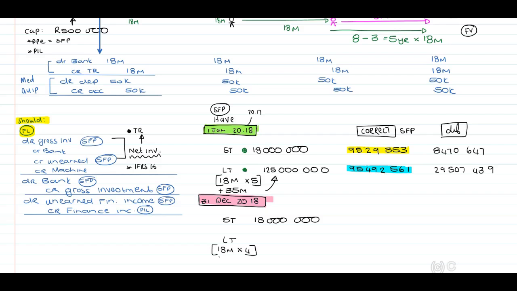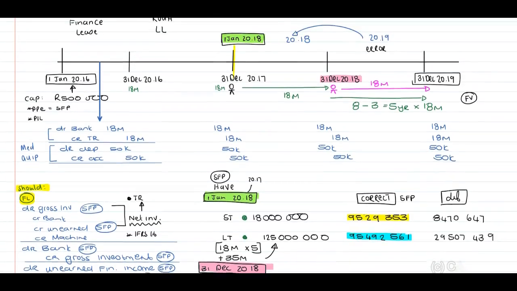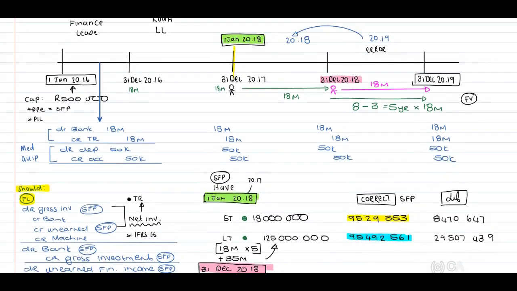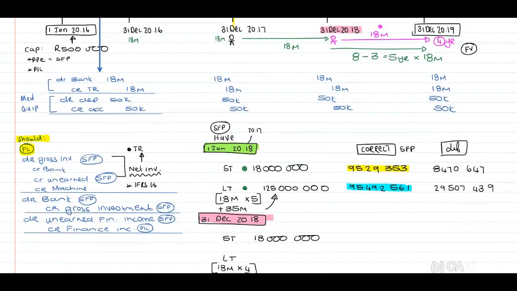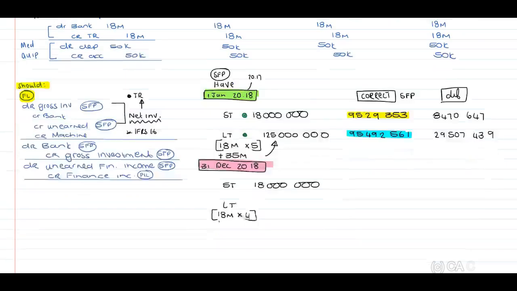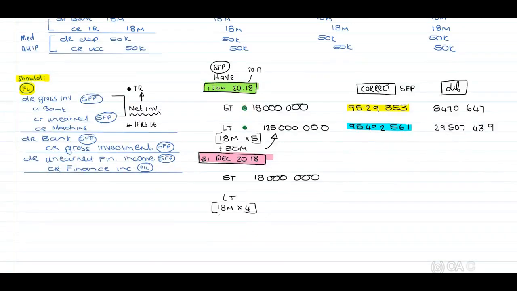Why times 4? Because when you look at our timeline, if you're standing at the end of 2018, remember we move 1 year, we have included the 18 million for 2019. We will have 4 years remaining, 8 minus 4, therefore times 4 years. And we need to remember our balloon payment of 35 million, therefore plus the 35 million, and this will be an amount of 107 million, right?